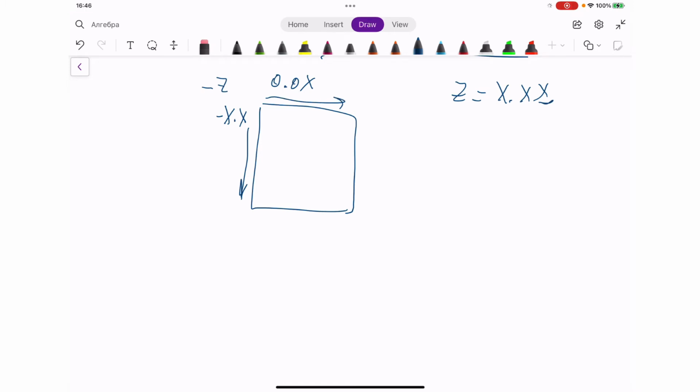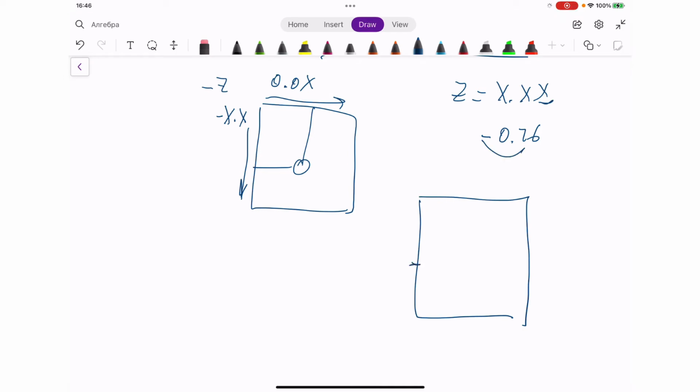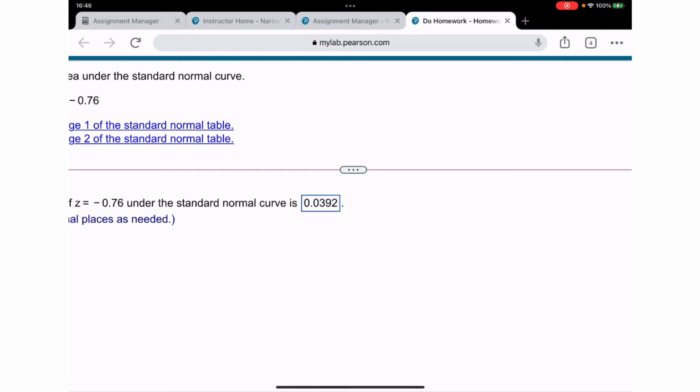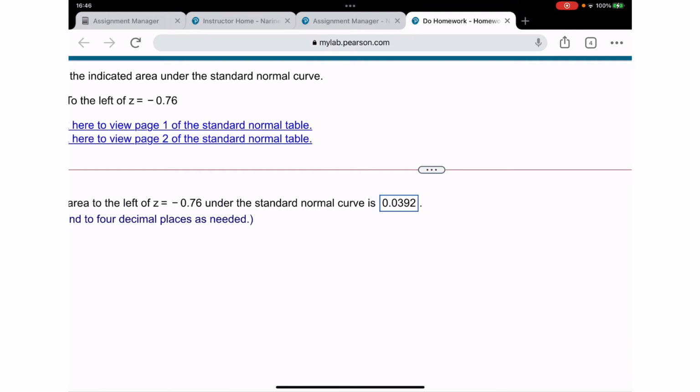The intersection is going to be your number. For example, let's say we take negative 0.76. Negative 0.7, I find vertically, and the 0.06, I find horizontally like this, and their intersection will give me the probability. So let's go back and see what we messed up. We need negative 0.76. Let me open this one.